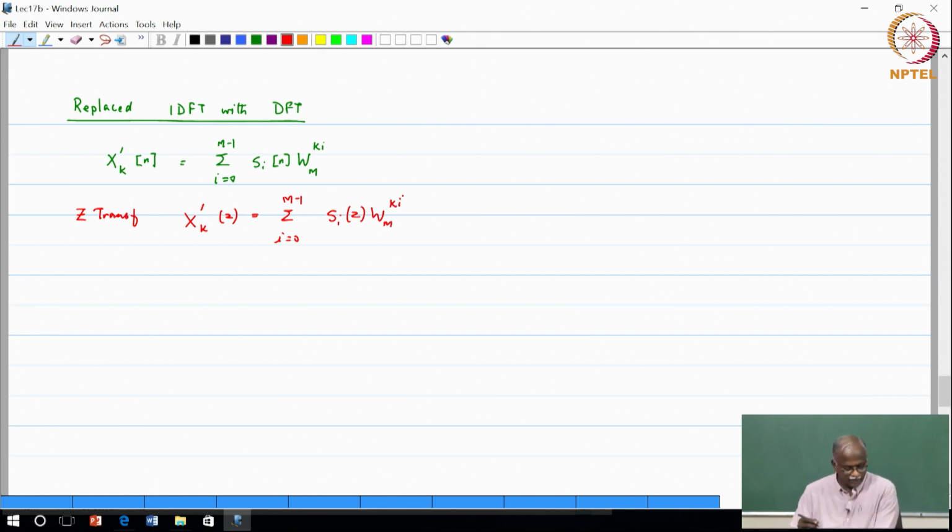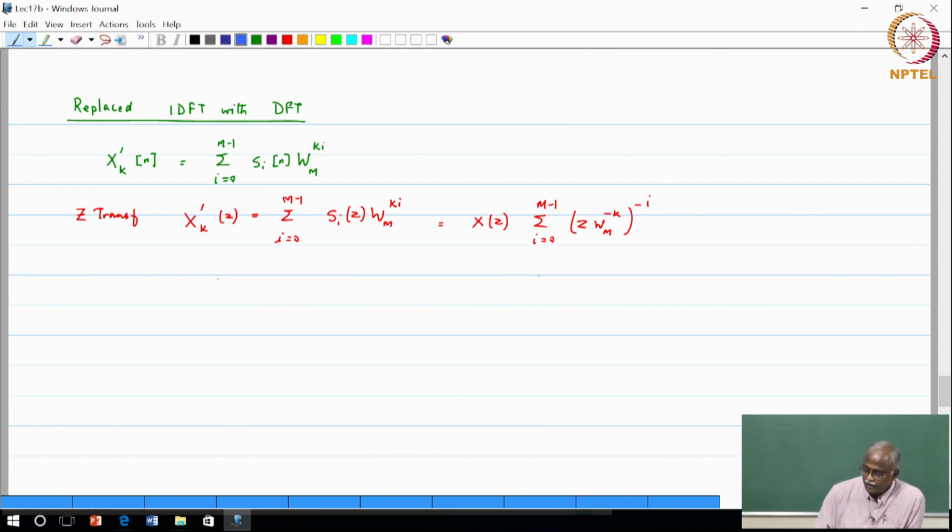Please go ahead and substitute. You can show that this is equal to x of Z times summation i equal to 0 to m minus 1 of Z Wm minus k raised to the power minus i. Okay. And you can verify. So, this gives us the following observations.